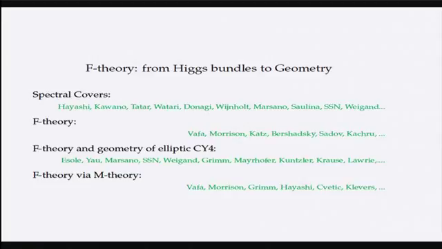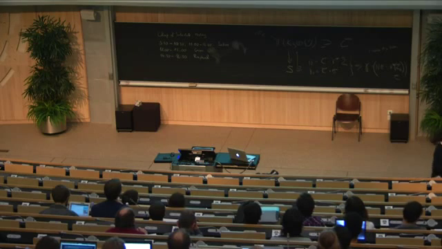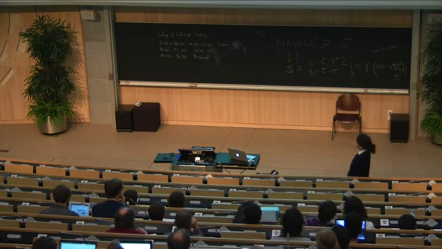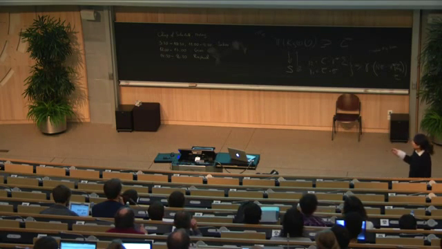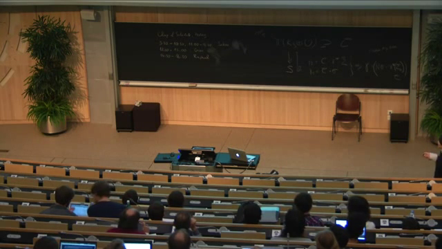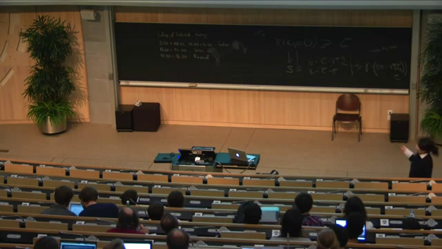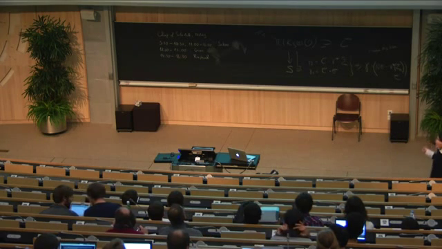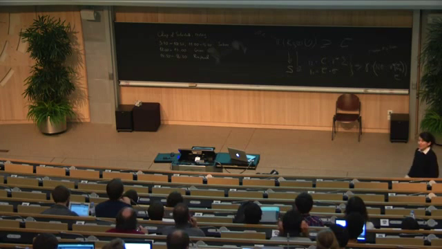And then there's a nice way you can connect F-theory to M-theory and define the effective theory for it, or at least attempt to do that. It needs to be seen how powerful that really is via this duality that I'll also discuss in a second. So that's a partial list of relevant authors. I'm happy to add anybody who would like to be on here, so let me know.